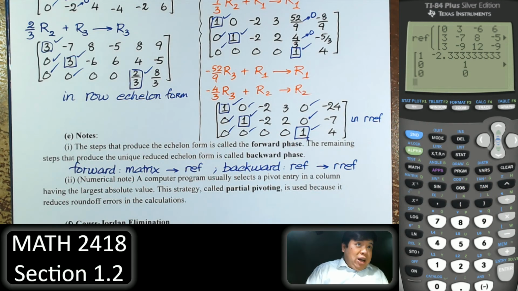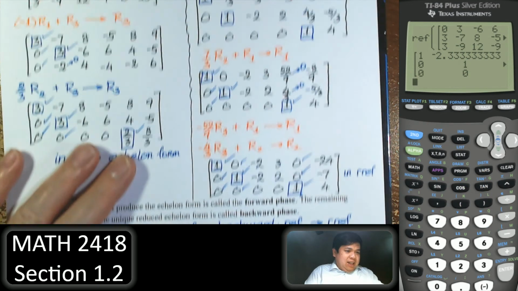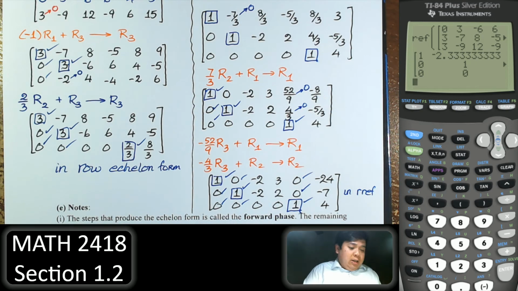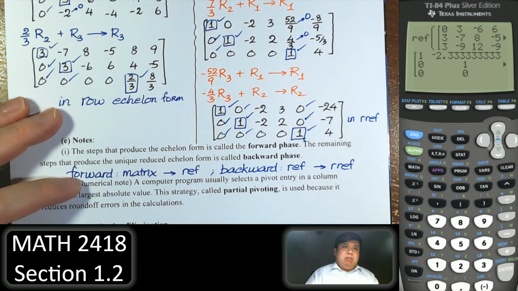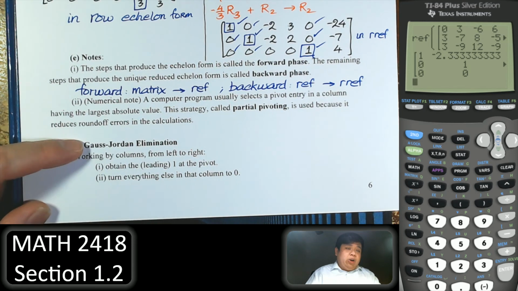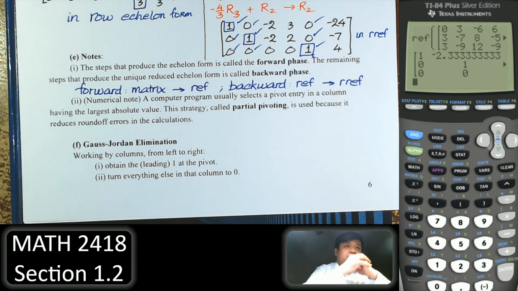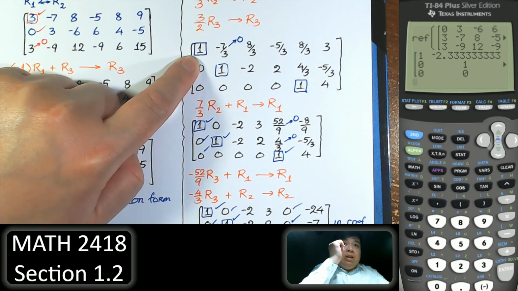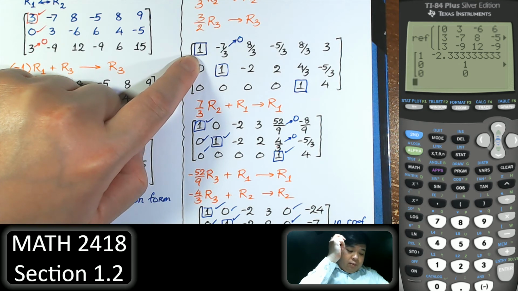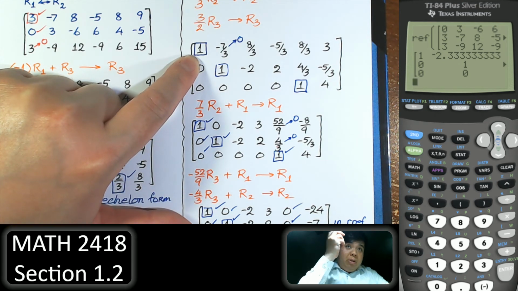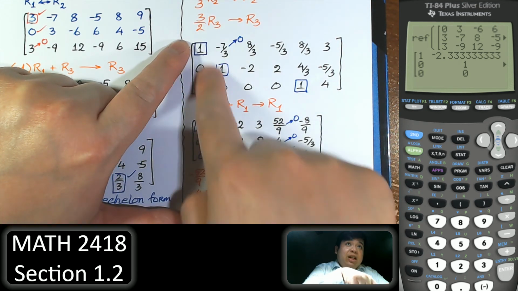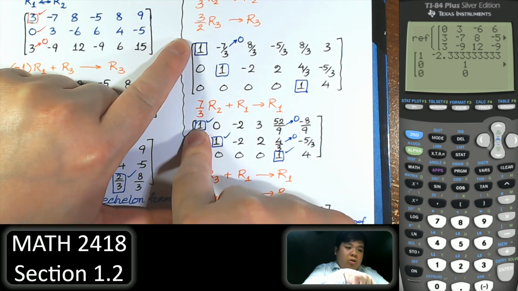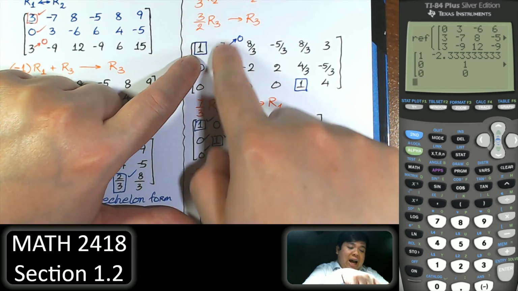By the way, I did mention that this is not a very good way to do it. The more efficient way, more compact and easy to remember, is called Gauss-Jordan elimination. When we have the matrix, first we get the pivot entry to 1, and then turn everything in that column, before and after it, to 0.